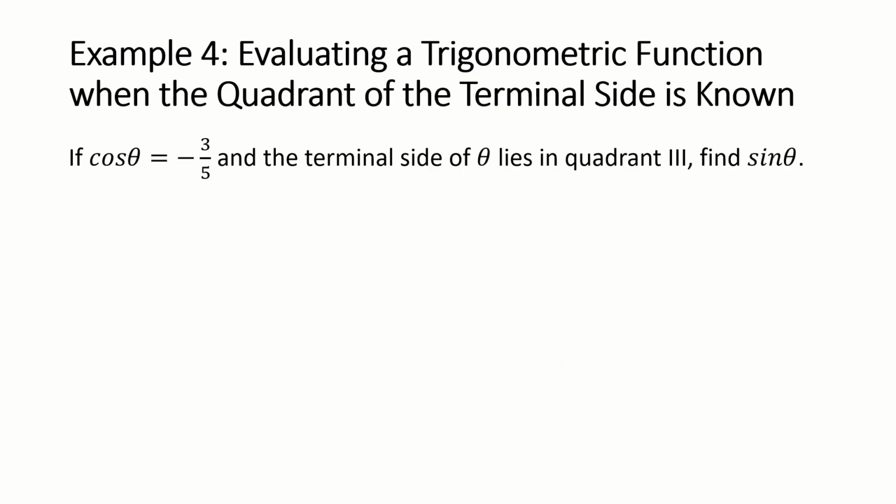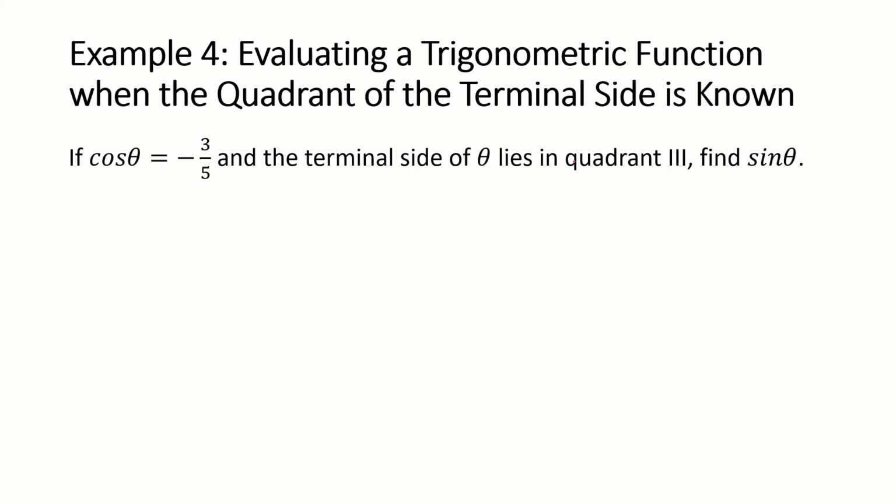Let's evaluate a trigonometric function when the quadrant of the terminal side is known. So if cosine theta is equal to negative 3/5 and the terminal side of theta lies in quadrant 2, find sine theta. Okay, so we know that it's in quadrant 3.